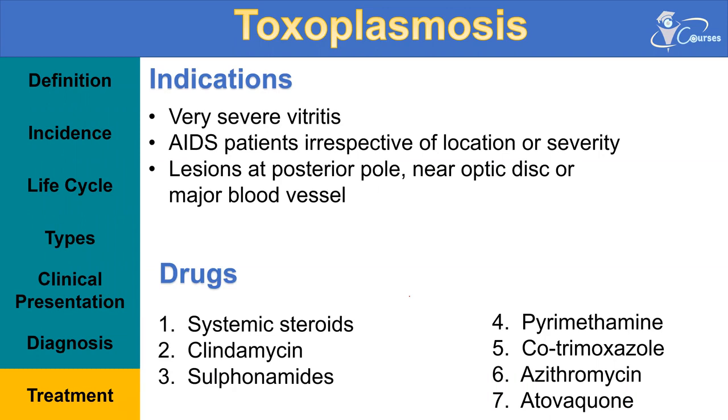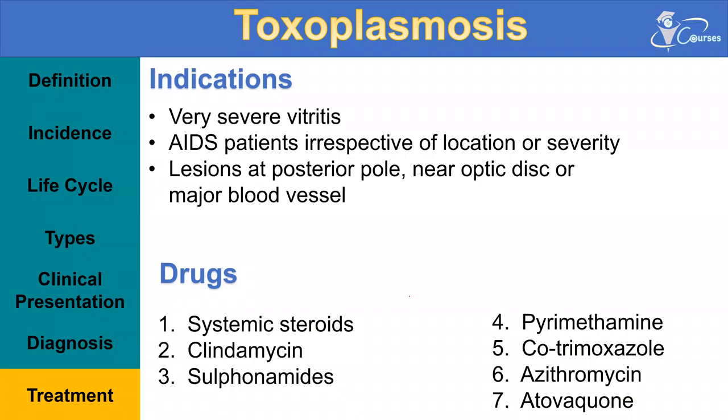Not every patient needs treatment. Usually it is a self-limited condition, even if it occurs in an adult and it is away from the dangerous site. The host immunity will just recover by itself.